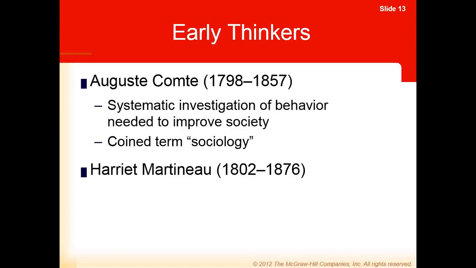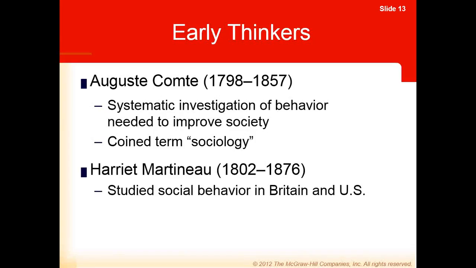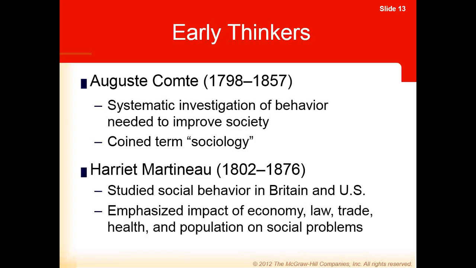Harriet Martineau, one of the early feminist figures, also an early sociologist, studied social behavior in Britain and the U.S. She made a widespread tour of the U.S., recording her observations, looking at the subordinate status of women and making comparisons of that to the institution of slavery as she saw it here in the U.S. She took a look at all these various areas: economy, law, trade, health, population, and social problems.